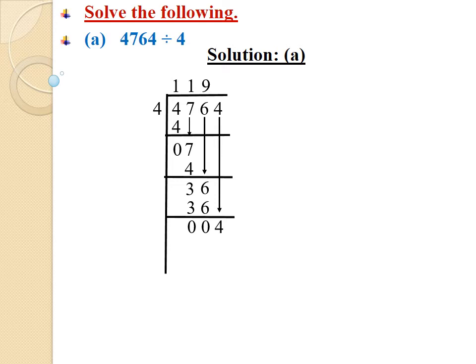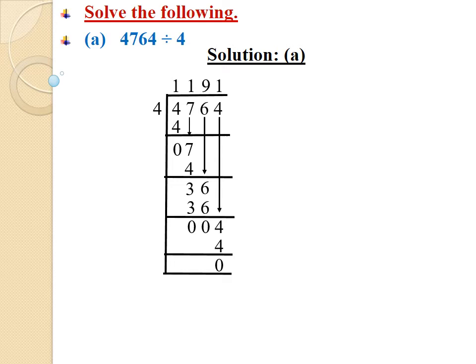Students, now we have to say again the table of 4. As 4 ones are 4, we have to write 1 in the quotient and product 4 below 4. Now we have to subtract 4 from 4. Thus subtracting 4 from 4, we get remainder 0.